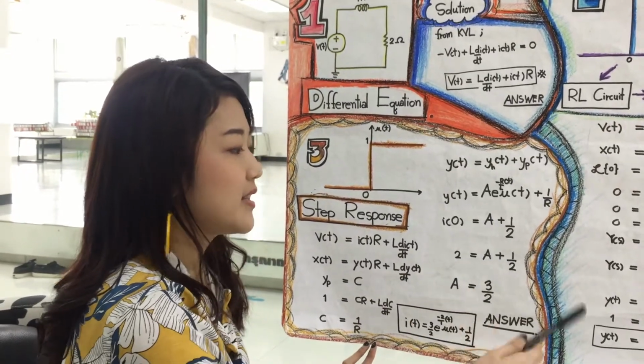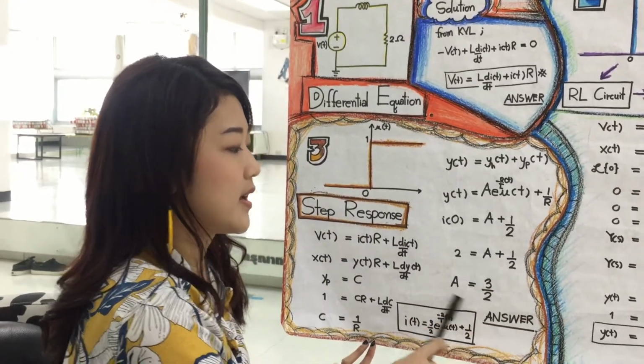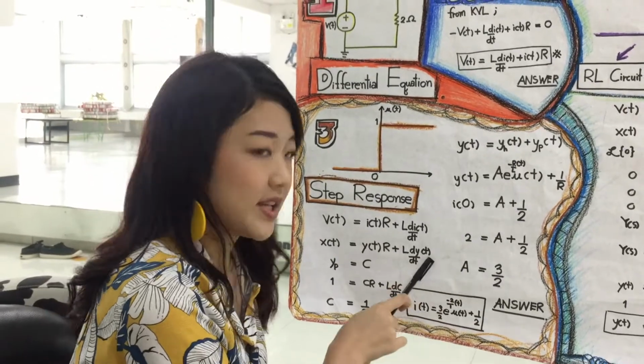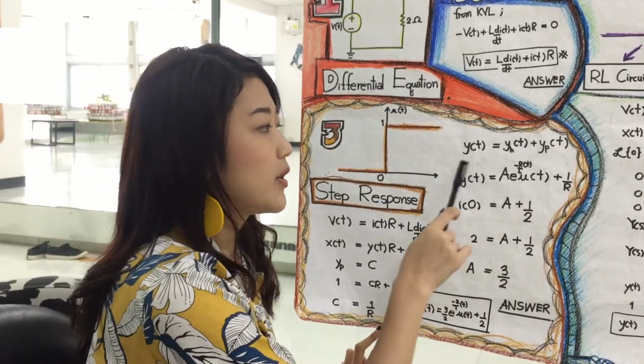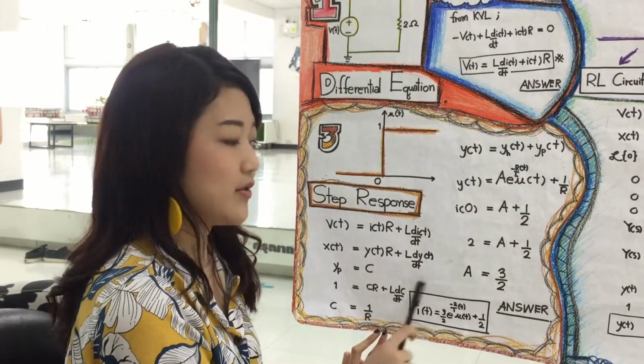We summarize this equation to be this, and we substitute A equal to 3 over 2 into this function. We will get the last answer as we see here.